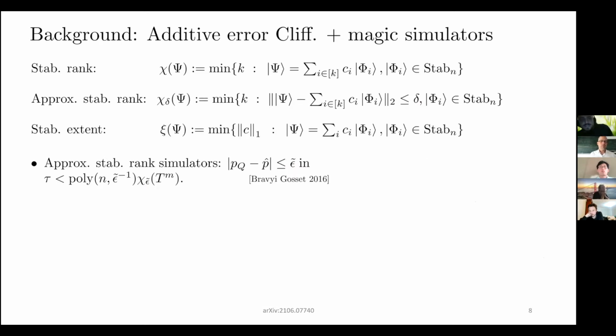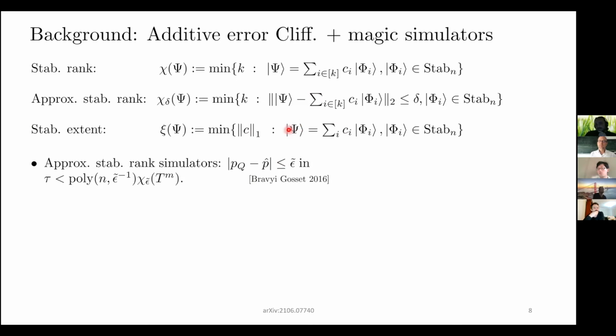But I just want to say that I think this quantity known as the stabilizer extent is another quantity associated with these, and is perhaps the more fundamental quantity. So I want to introduce this and talk about the connections between these. The stabilizer extent minimizes the L1 norm of the coefficients in your decomposition.